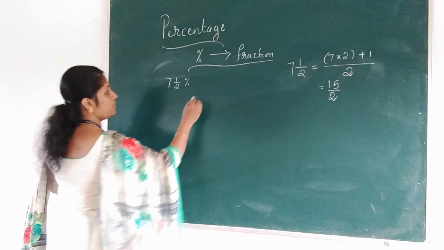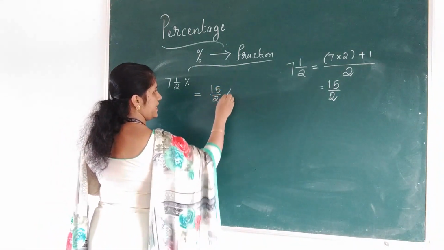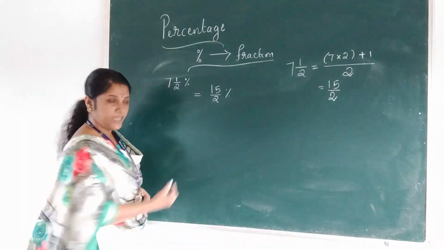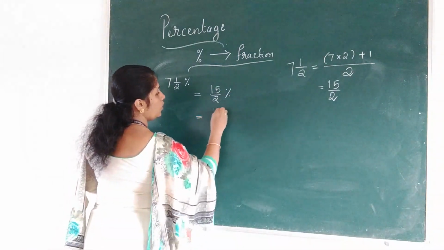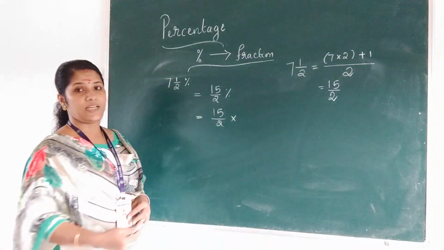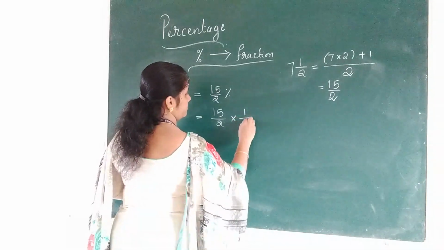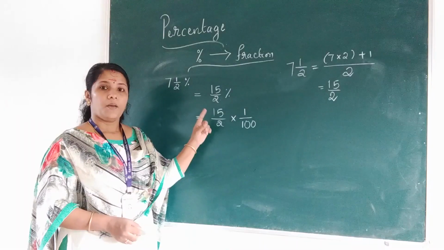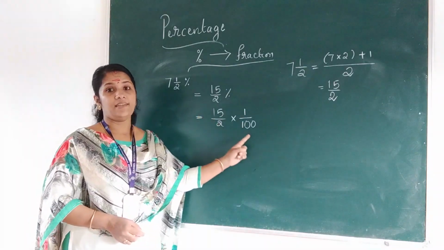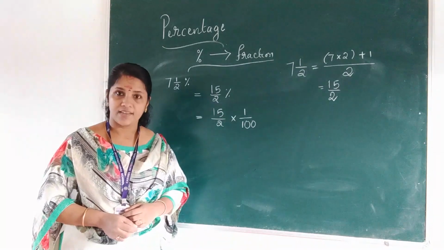Now let's do the same thing. 15 by 2% is equal to 15 by 2 into, instead of percentage, we write 1 by 100. Between the numerator and the denominator, we can find common factors, right?